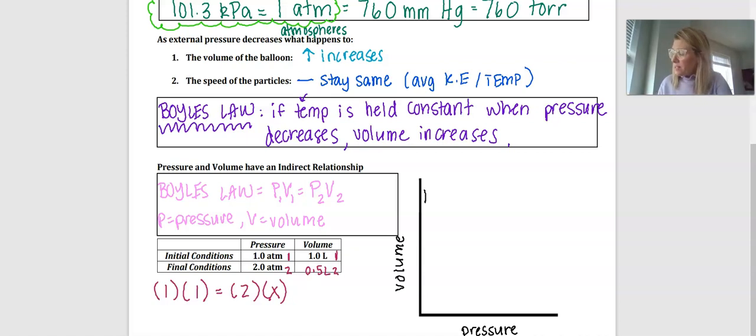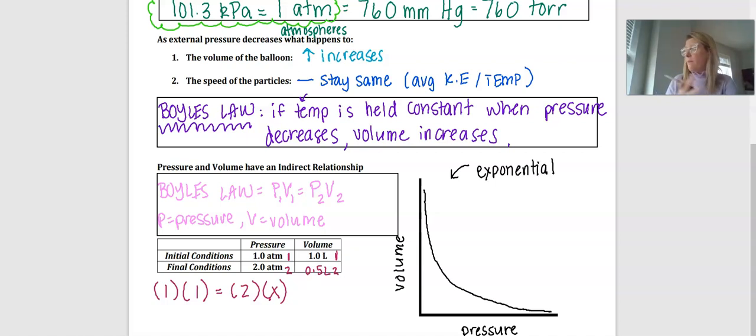But our graph doesn't end up being a straight line. It ends up looking like this, okay? And so I want to point out that we are going to end up with an exponential relationship. And the reason being, right, volume will never equal 0, okay?